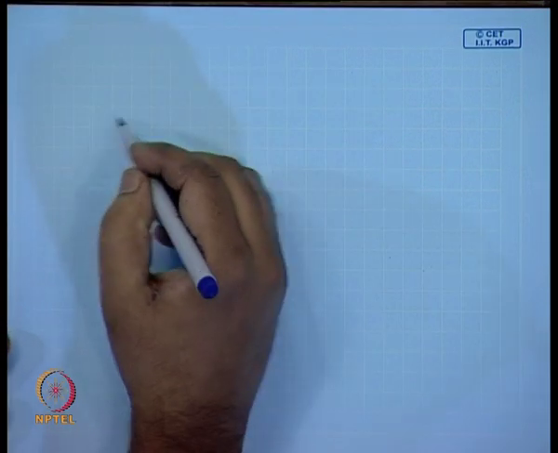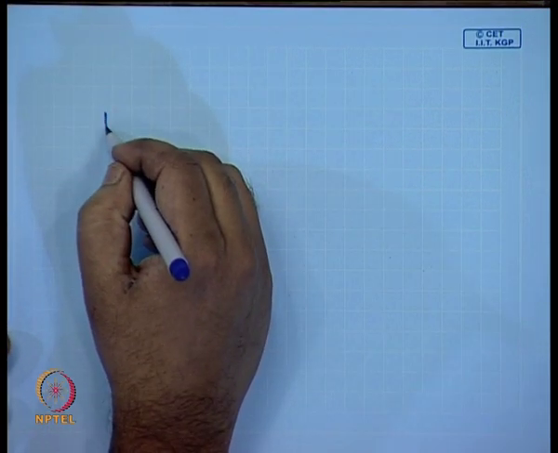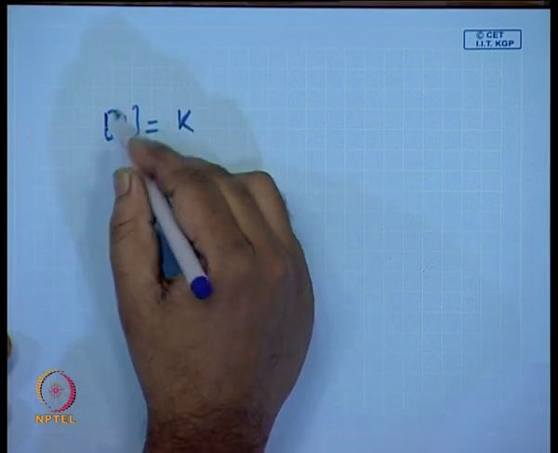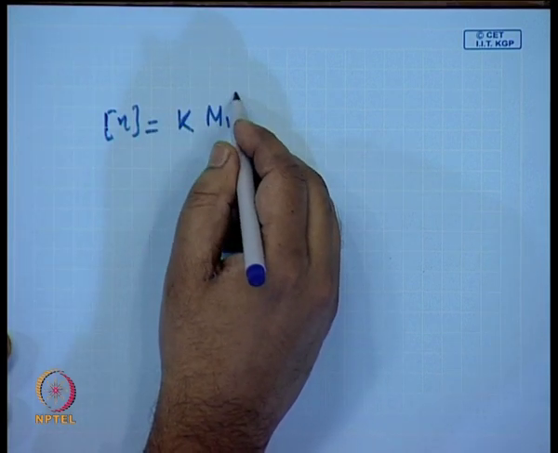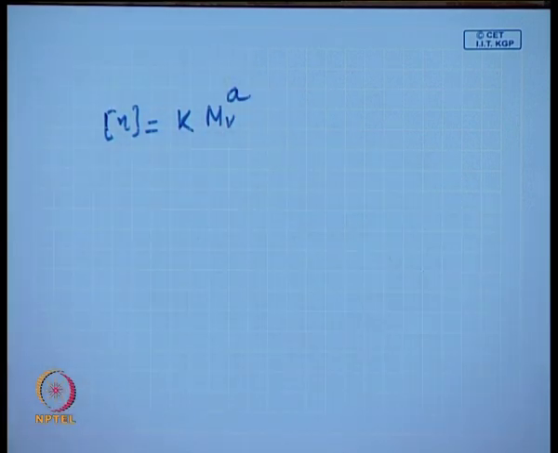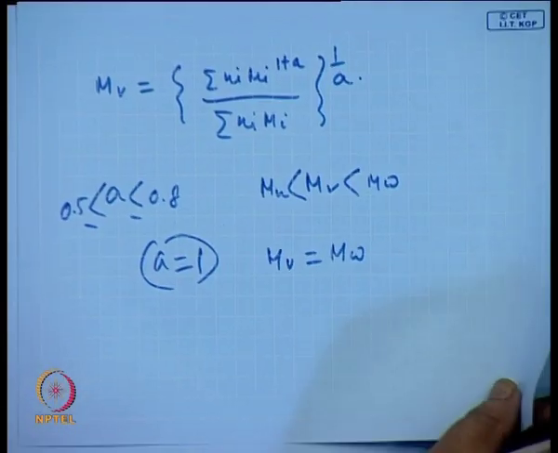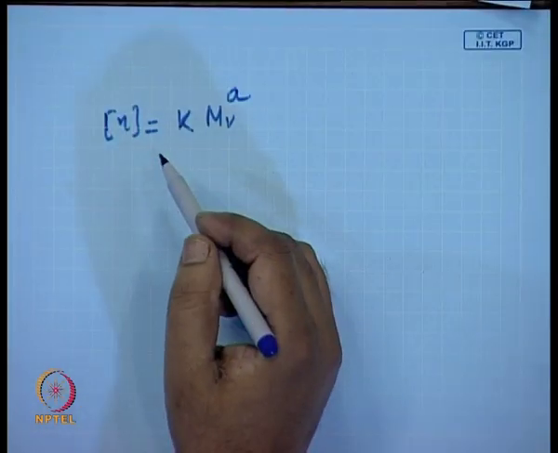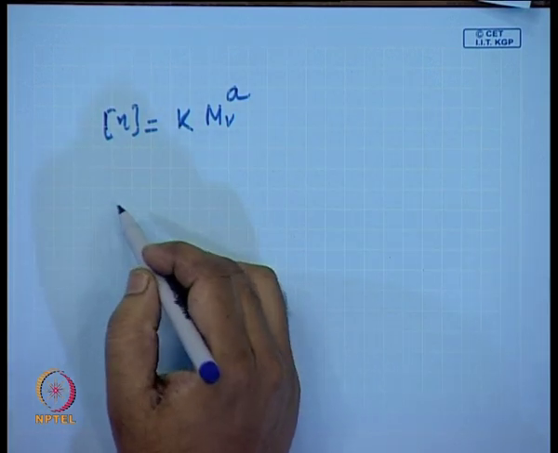So, now we know the intrinsic viscosity is K M_v^a. We just got the expression for M_v, which is given here.